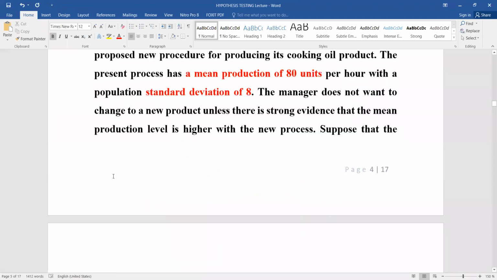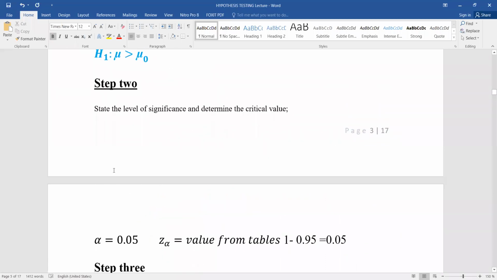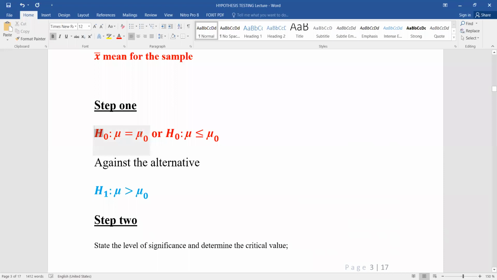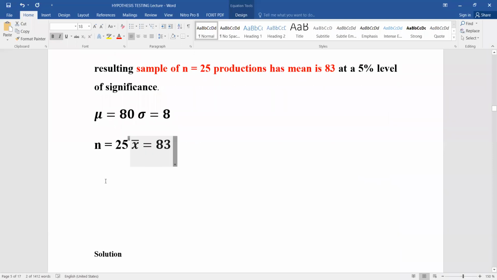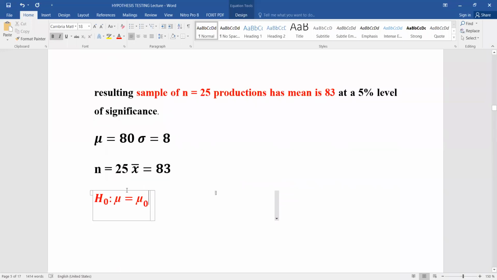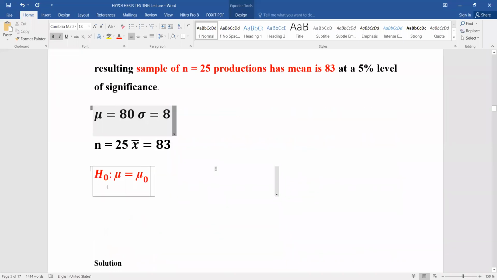We are saying that the manager will only change if the new production line is giving us better output. So the first hearing is that mu is equal to 80, and that is H naught.